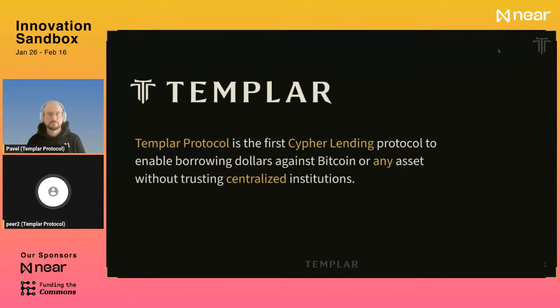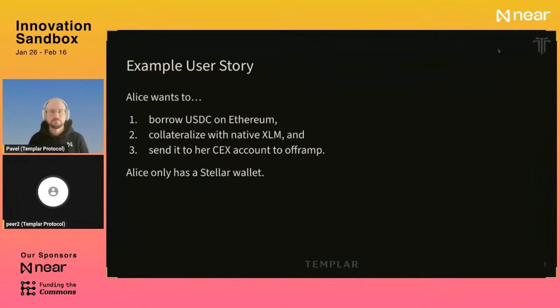What is Templar Protocol? It is the first cipher lending protocol to enable borrowing dollars against Bitcoin or any asset without trusting centralized institutions. So if you're interested, you can check us out later.